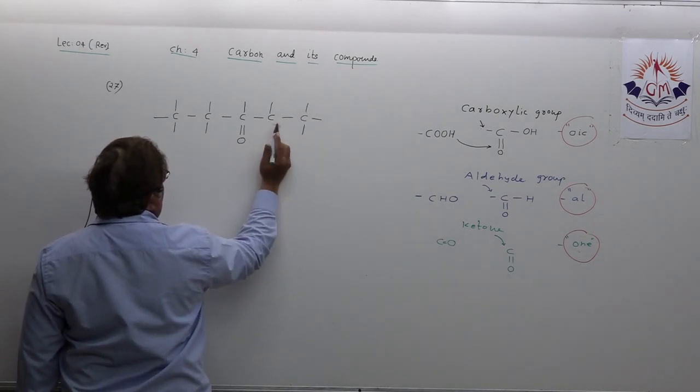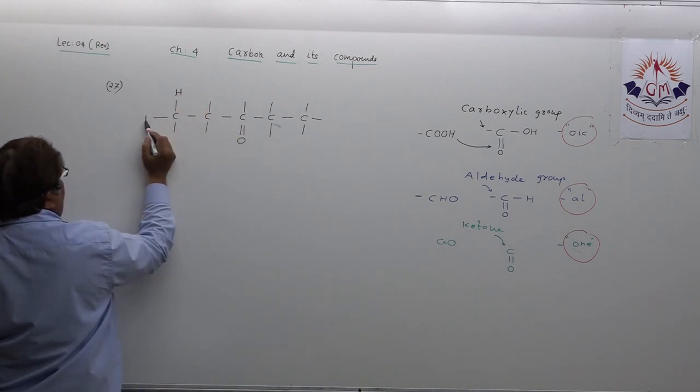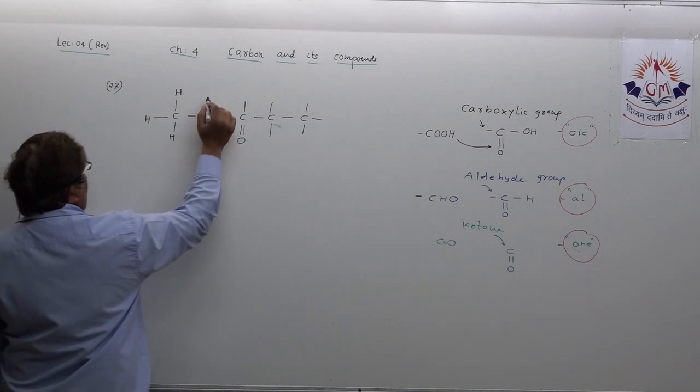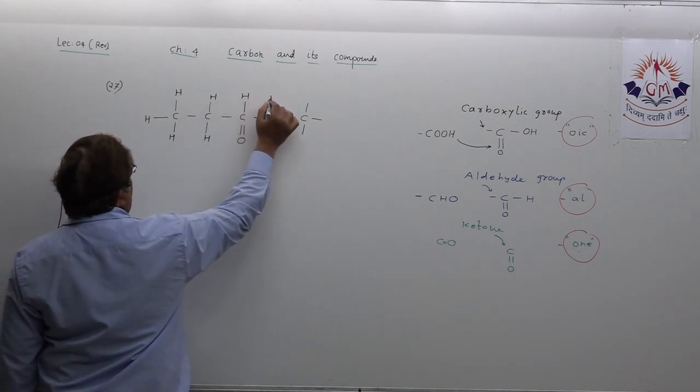Suppose the structure has been shown to you here: H, H, everywhere the valency needs to be satisfied.